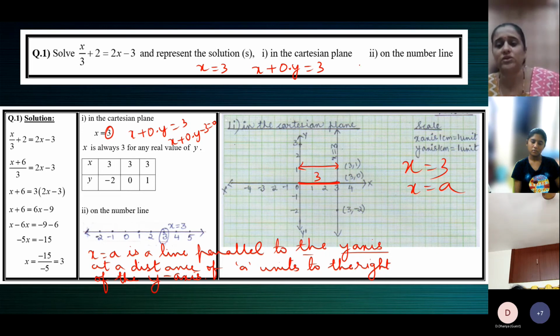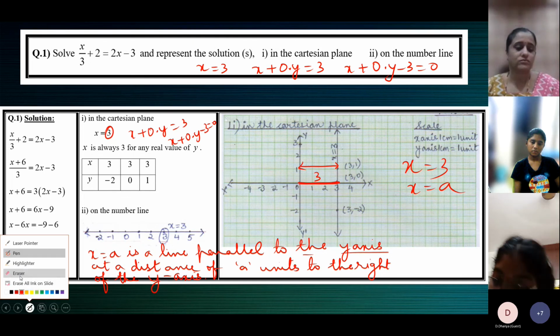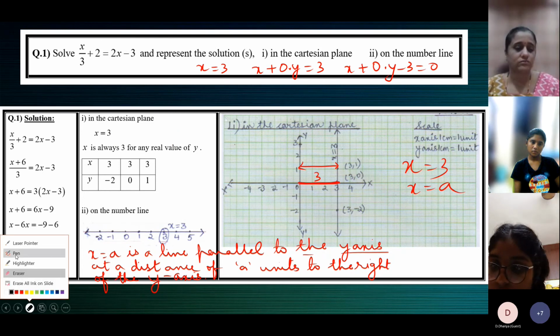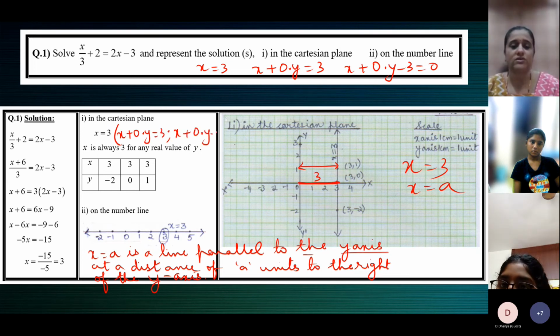Or if you take the 3 to the other side, x plus 0y minus 3 is equal to 0. So if you want, you can just take that in the bracket: x plus 0y is equal to 3, or x plus 0y minus 3 is equal to 0.